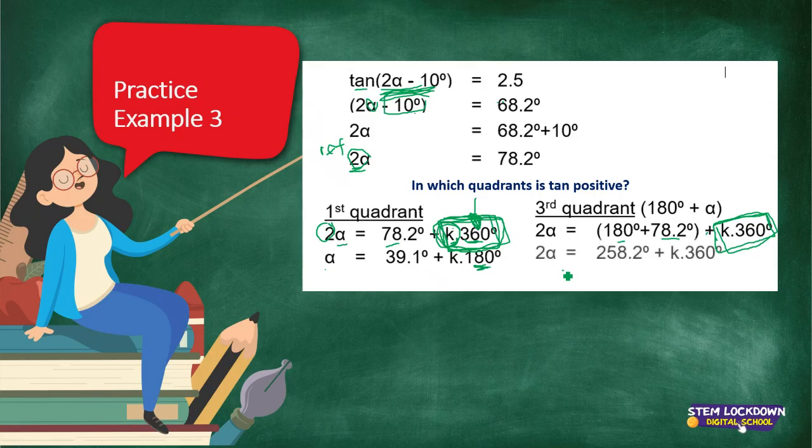We simplify that again, and then we divide by 2. What you do on the left, you do on the right, guys. And that leaves us with a formula that says 129.1 degrees plus K times 180 degrees.